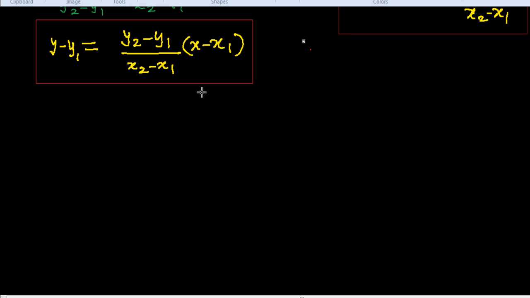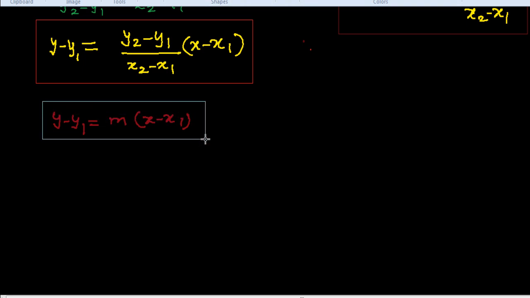In point slope form, what we have to do first is write y minus y1, because the point is given and the slope m is also given, so it is m times x minus x1. This is the point slope form we could easily derive.